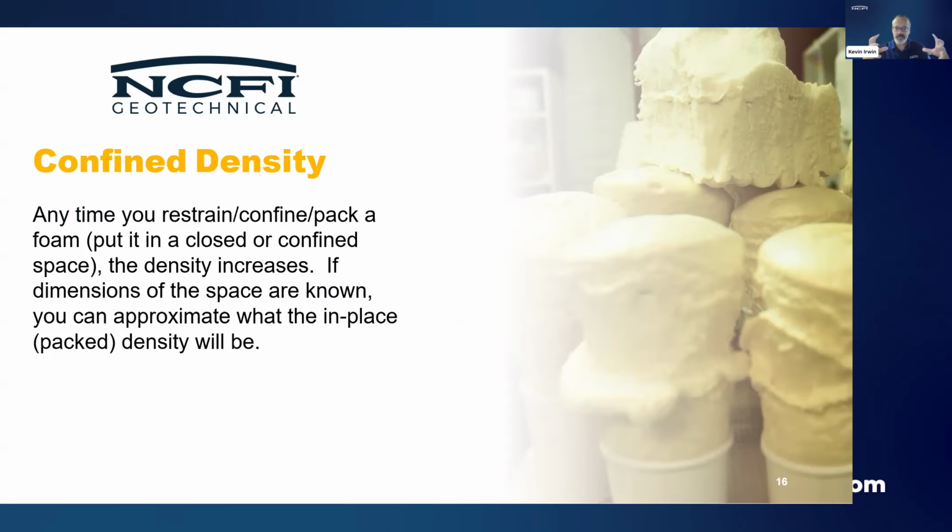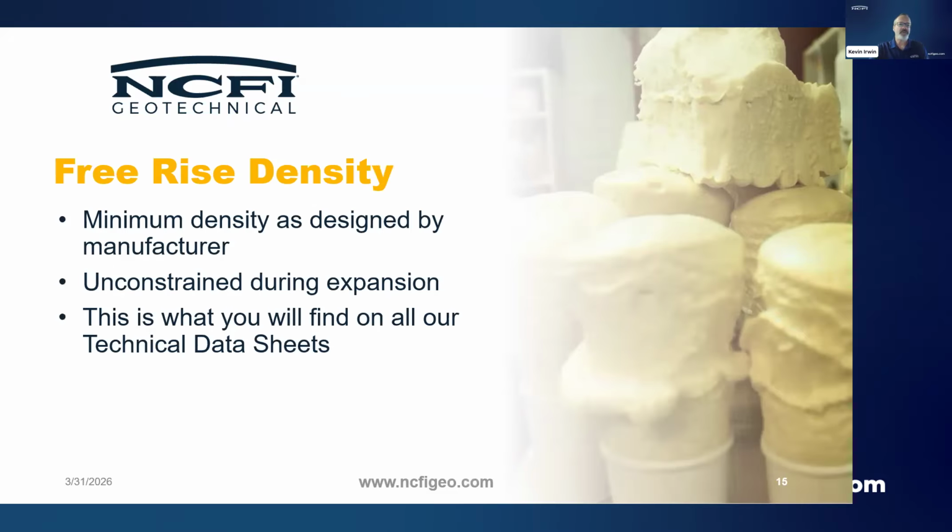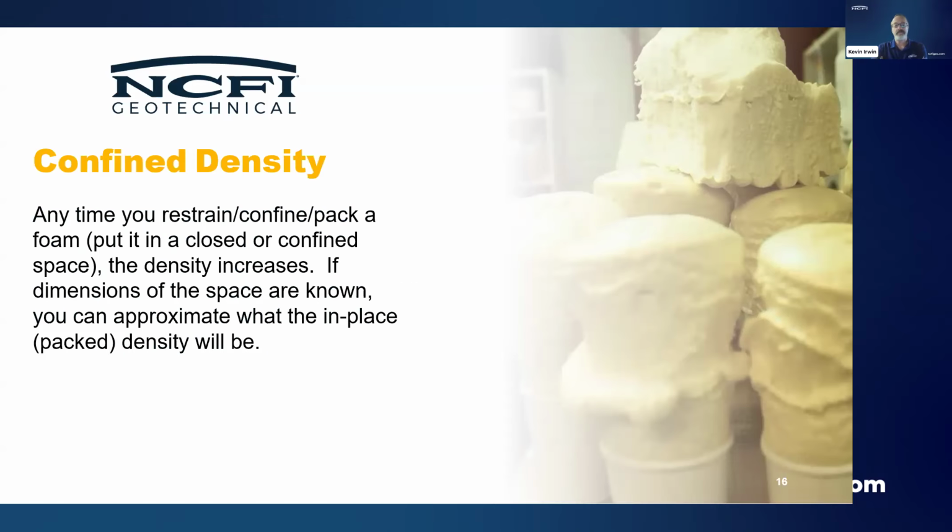Anytime you put a box around or a slab on top or soil around the foam that you're injecting, which as geotechnical folks, is most of the time, I would think. As the chemical begins to expand, it expands into void, right? And that void is going to be closer to the free rise density. And that's why you want to know what that free rise density is, because any voids that are filled are going to be filled at that free rise density value.